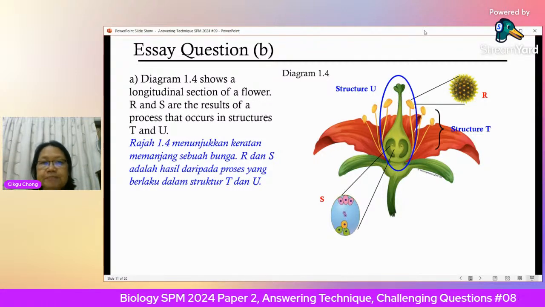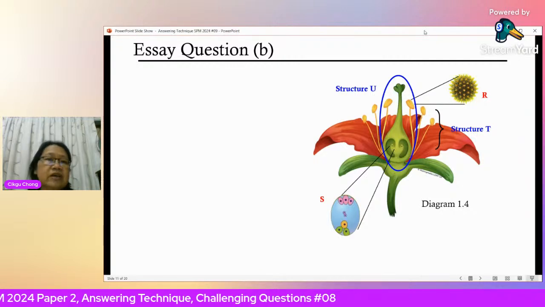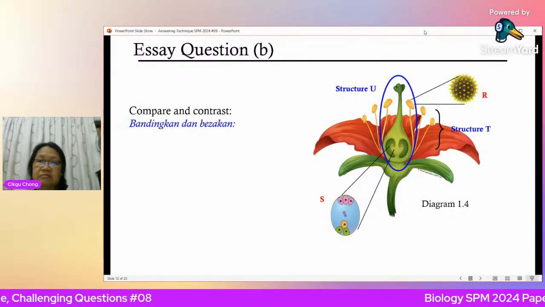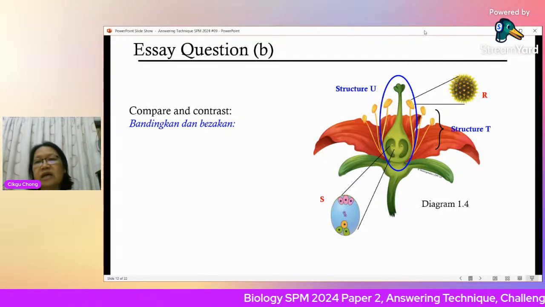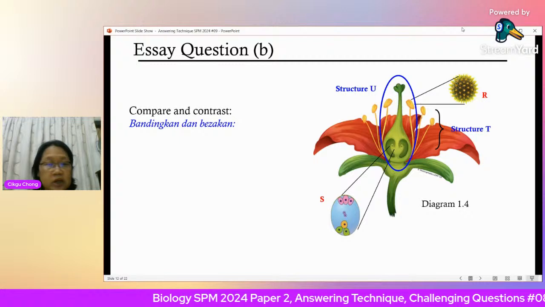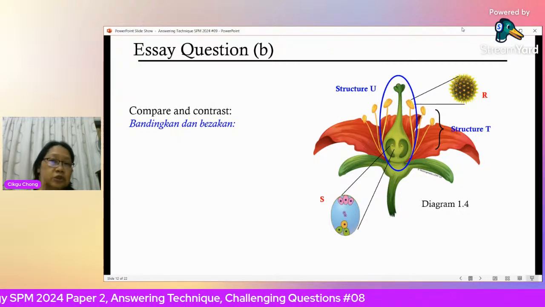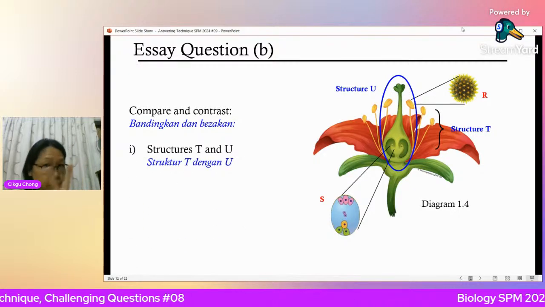Okay, what is the question? A very common question: always compare and contrast. You can be sure there will definitely be at least one question, there could be two, asking you to compare and contrast between two different things. But in this question, you have two parts.